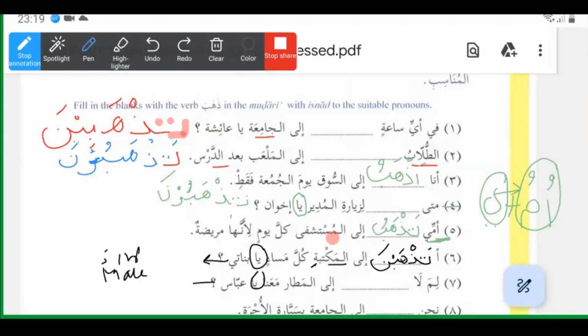So it will come as lima la tazhabu. Lima la tazhabu ila al-matari ma'ana ya Abbas. Why are you not going to the airport with us, O Abbas? What is the reason that you are not coming with us to the airport?